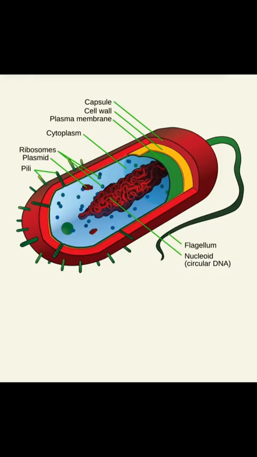Plasmids often carry useful genes, such as those for antibiotic resistance. They can also be transferred between cells. So you can see the plasmid is here. That's just a small extra bit of circular DNA.